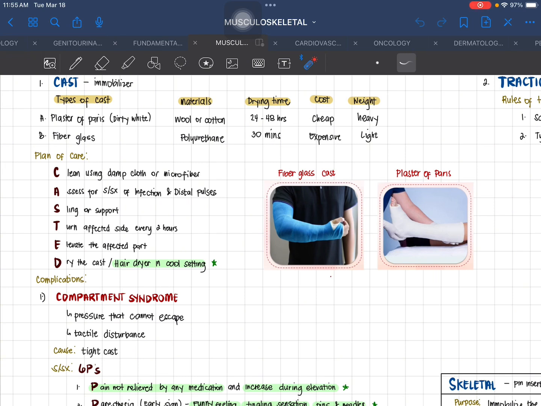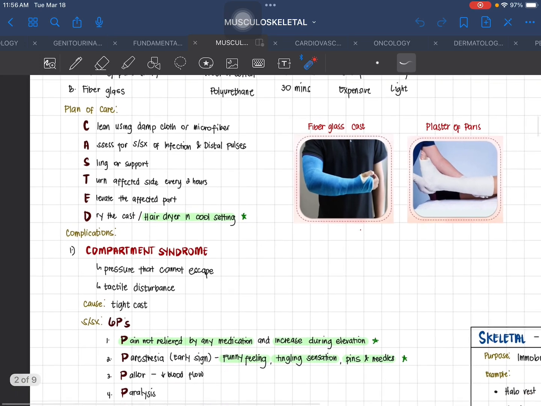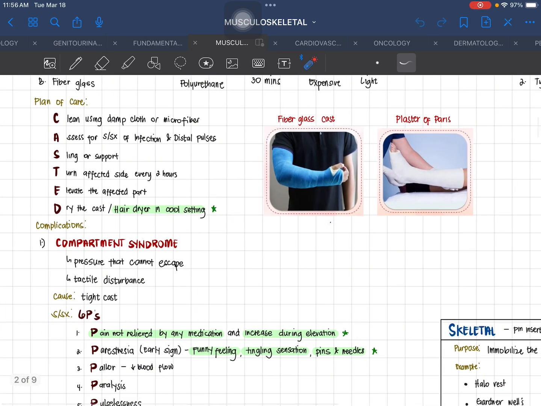And then, T is to turn the affected part every 2 hours. And then E stands for elevate the affected part. And then D, of course, to dry the cast. And you can dry it using blower but in cool setting.